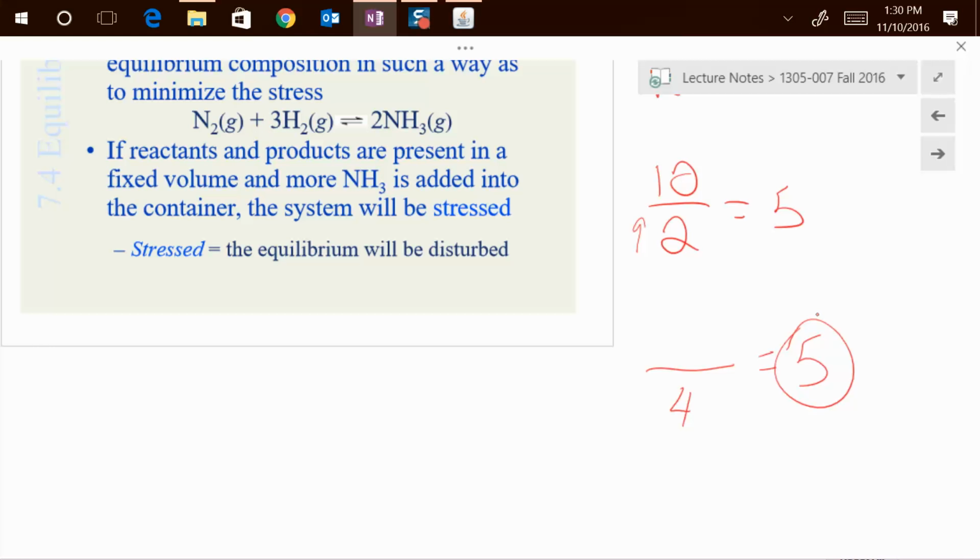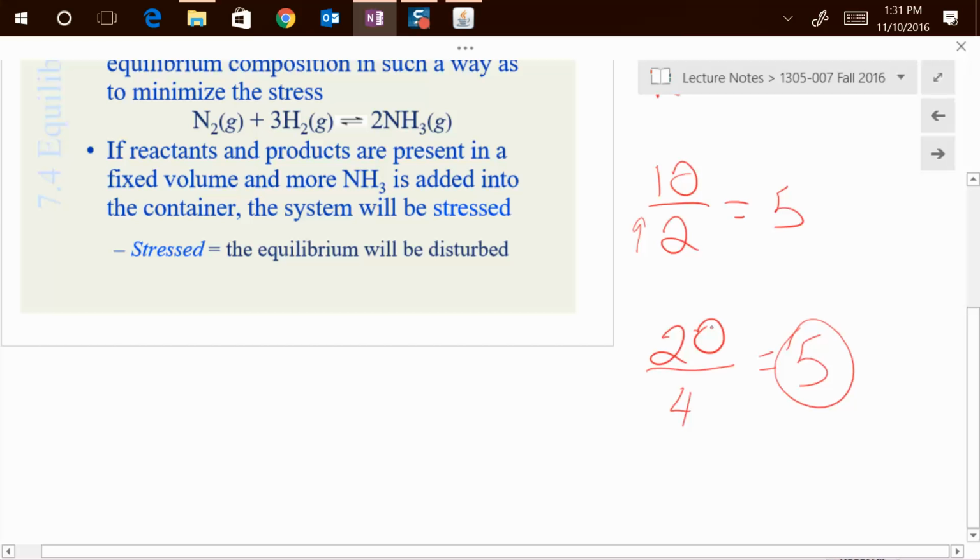So if I increase this to 4, what's it going to do to here? It becomes 20, right? I'm going to have to cause this to change as well until it equals 5 again. Maybe I actually increased this to something like 8, and then I had to bring it down to reach 20 and 4 to get back to 5. And now it's at equilibrium again, and it's fine. It's not stressed anymore.